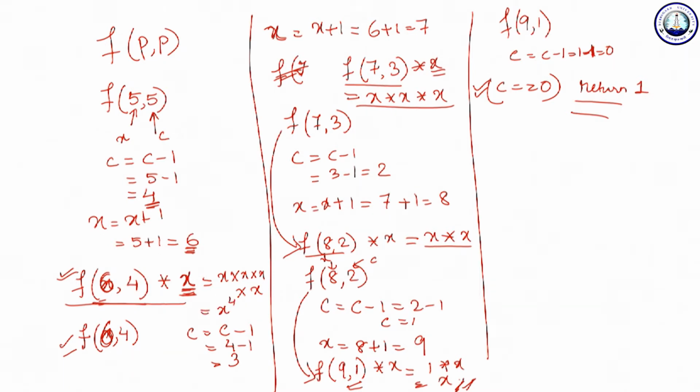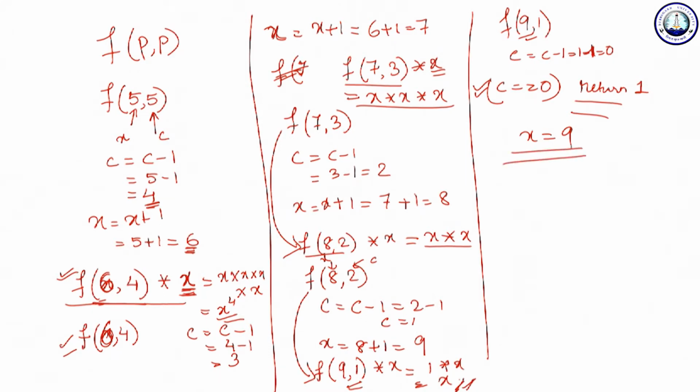Now, what is the last value of x when you had executed? So, this is the value of x, right, x is equal to 9. So, in case of pass by reference, x in all the earlier functions will be replaced by 9.